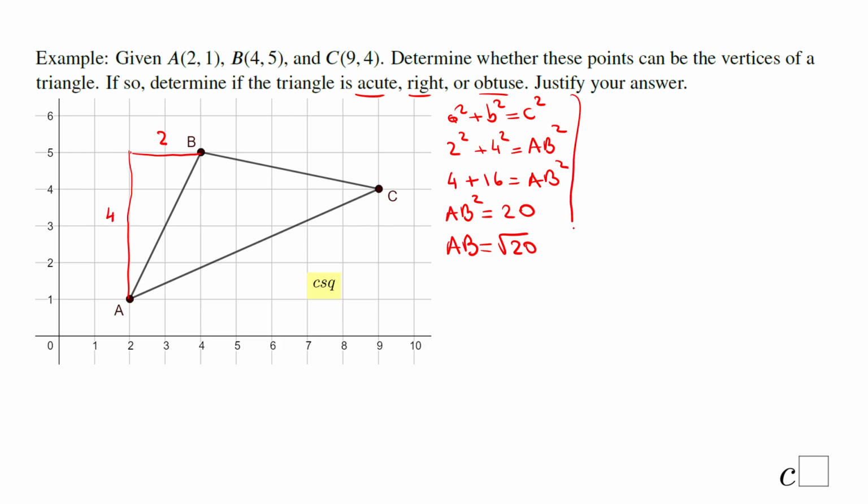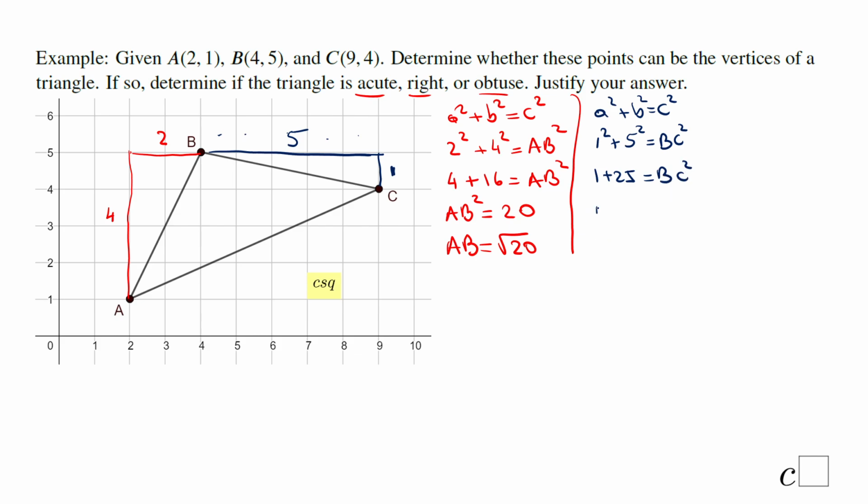Okay, very similar. I'm going to move and get BC. A squared plus B squared equals C squared. So don't get confused, even though we use the same A squared plus B squared equals C squared, in this case it is different, right? This is 1, this is 1, 2, 3, 4, 5. So we have 1 squared plus 5 squared equals BC squared. And we have here 1 plus 25 equals BC squared.